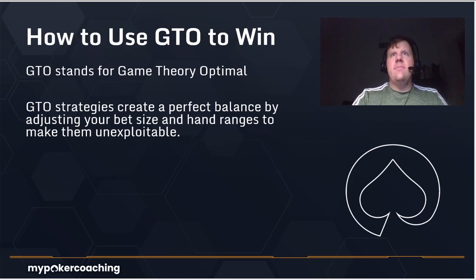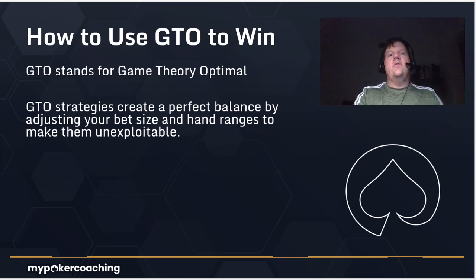Game theory optimal strategies create a perfect balance by adjusting bet sizes, hand ranges, and strategies that help neutralize the EV of their opponents. Basically, game theory optimal comes from the prisoner's dilemma and game theory studies, where two players essentially knowing each other's strategy are going to try to neutralize each other until there's no EV made.